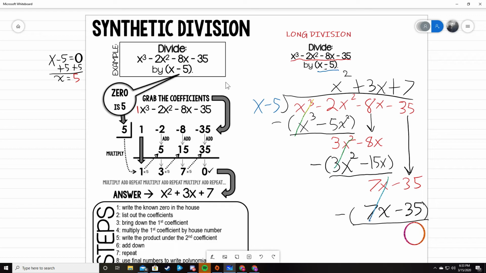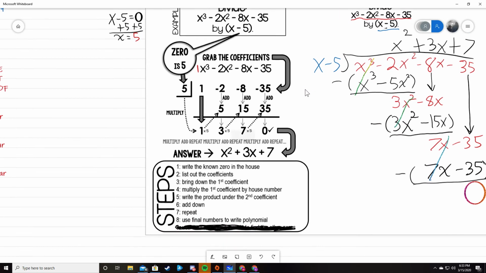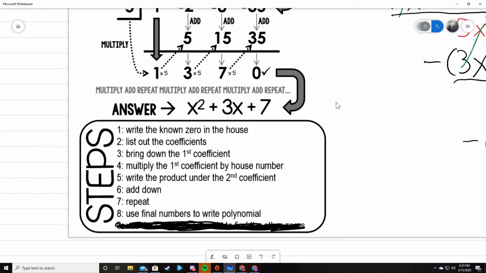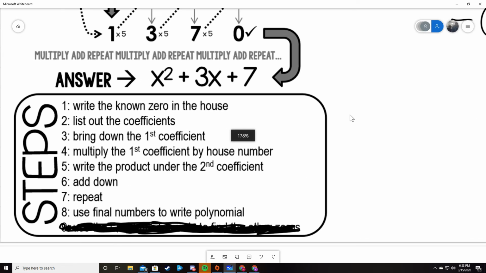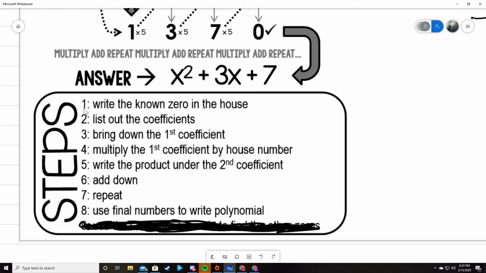Now, here's some steps in order to do this, and I'll give you some time at the end of the video to copy down what we got here. So first we're going to write the 0 that's in the bottom of our division, the 0 of our divisor in the house.